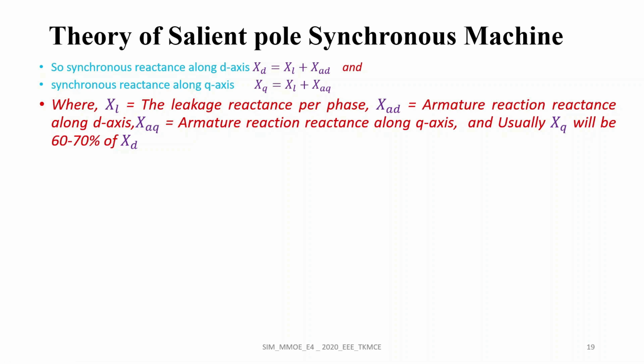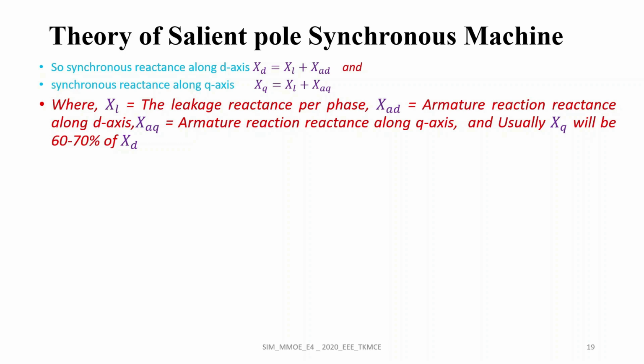XAD is the armature reaction reactance along the direct axis, which is the fictitious reactance to represent armature reaction effect along the direct axis. XAQ is the armature reaction reactance along the Q axis, the fictitious reactance that represents armature reaction along the quadrature axis.